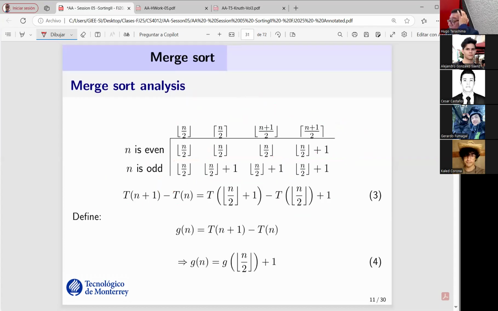So I'm having this equation: T of n plus 1 minus T of n is equal to that, exactly what I was saying. N over 2, for all cases, is this one, and for n plus 1 over 2 ceiling is this one, right? N plus 1 is because I had n minus n plus 1.